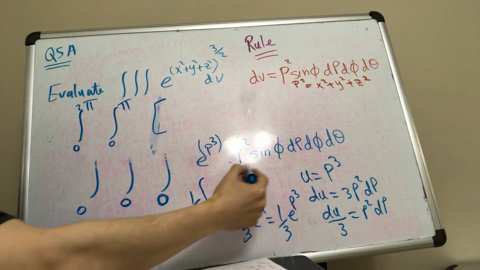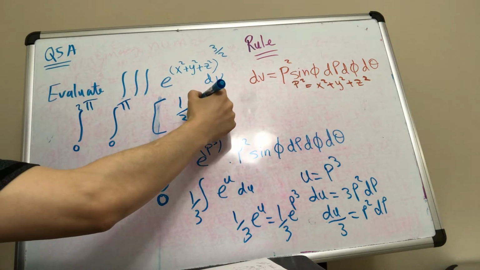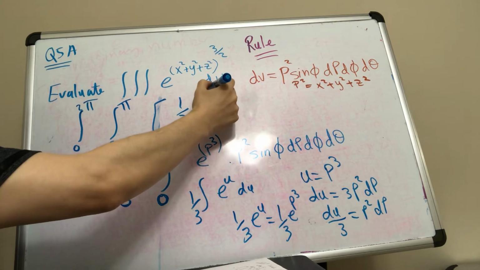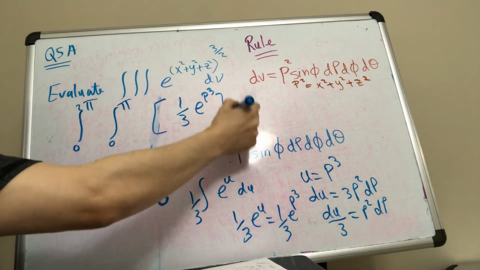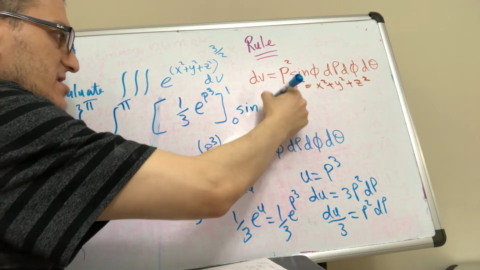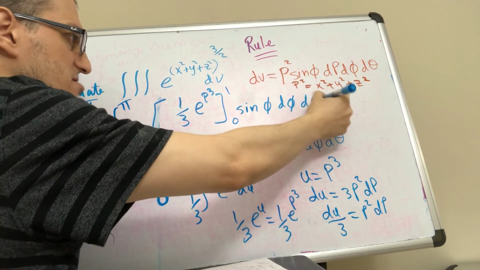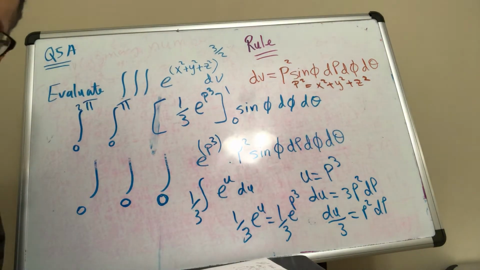The result of the integration was 1/3 e to the p cubed. Now we're going to plug in 1 and 0. You still have sine angle 1, and you still have d angle 1 and d angle 2.